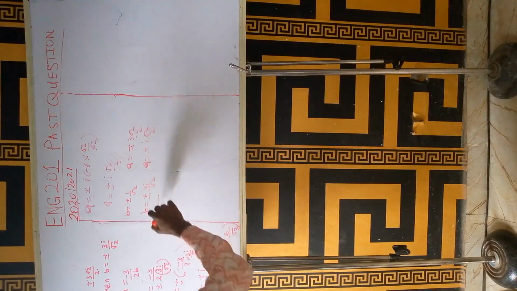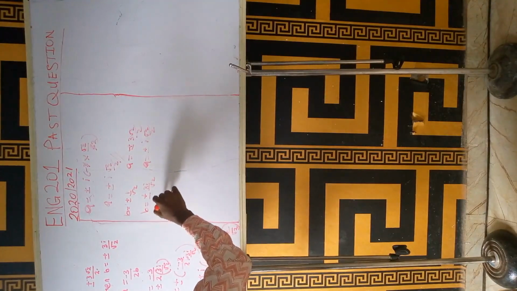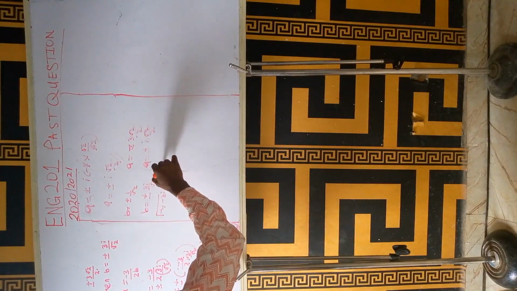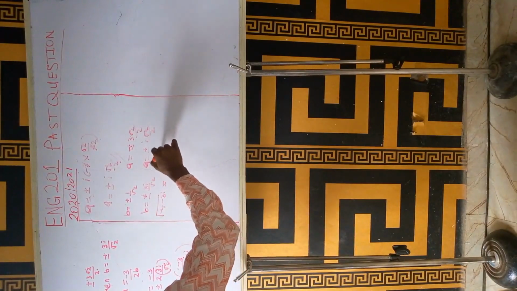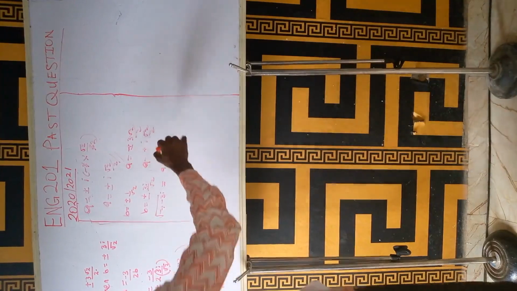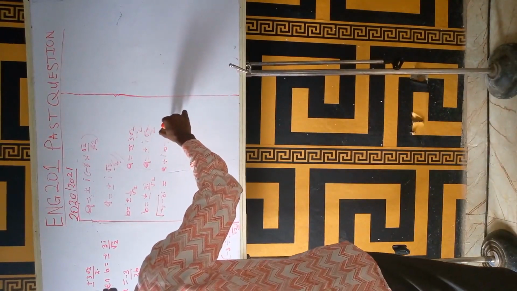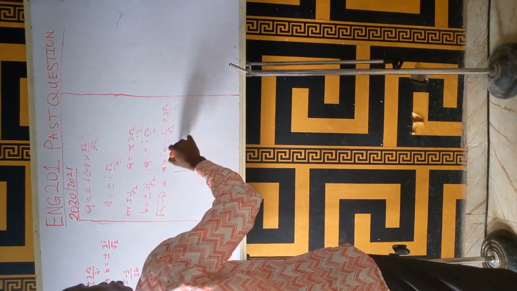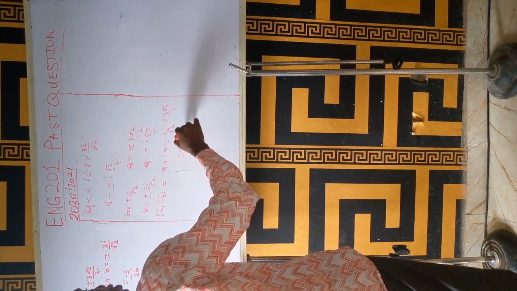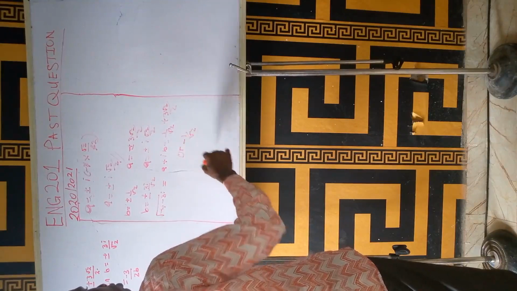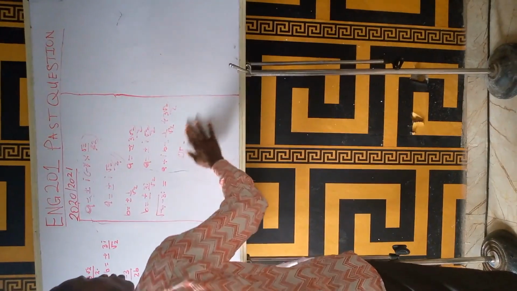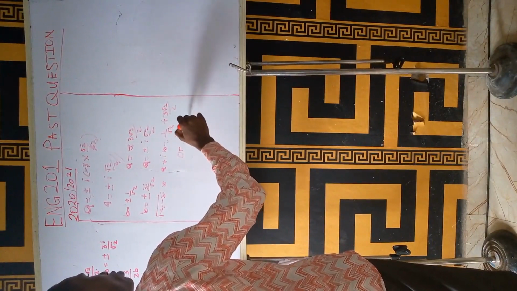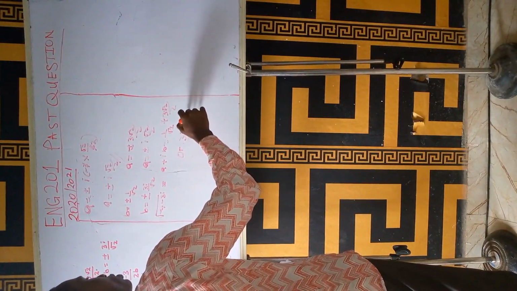4 minus 3i will give me something like this. When you relate it with a plus ib, it will just be 1 over root 2 plus 3 root 2 over 2, or minus 1 over root 2, or let me write it this way, 3i over root 2.